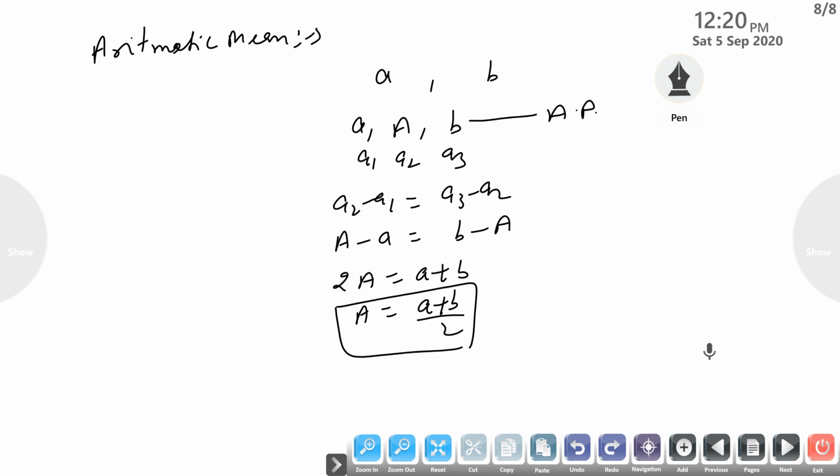Then A is called the arithmetic mean between two numbers a and b. This A is called the arithmetic mean of two numbers, and its value is (a plus b) upon 2.